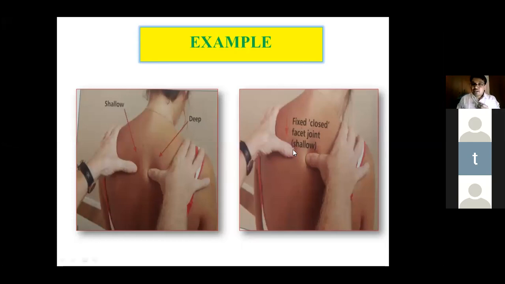The left side facet joint is stuck in an extended or closed position, right? In flexion of the spine, the facet joint should move superiorly and anteriorly, right? But because the left facet joint is stuck in a closed extended position, it is unable to move upward and superiorly.